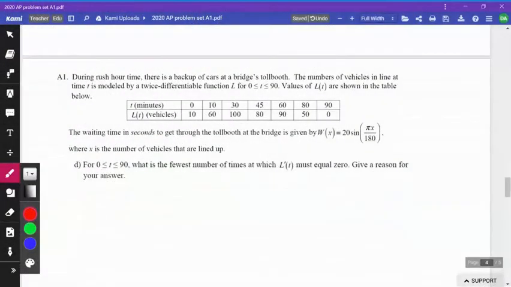Here, I want to find the fewest number of times in which L prime of t must equal 0. So again, I'm going to be using the table. Now, if I take a look at what L of t is doing, here I am increasing, here I am increasing, here I am decreasing, here I am increasing, here I'm decreasing, and here I am decreasing.